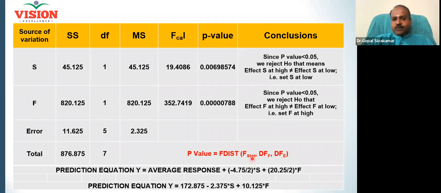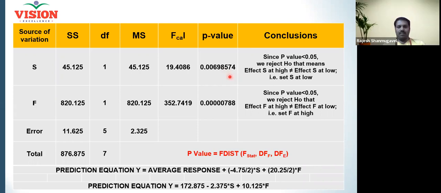So 1 here, 5 here. Close the bracket, enter. That will throw the p-value. Can you see how the p-value is generated? All of you can do it right now. If you have an Excel readily open, similarly generate the p-value. Now simply tell me, is this p-value more than 0.05 or less than 0.05?